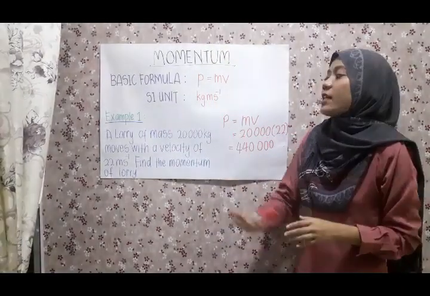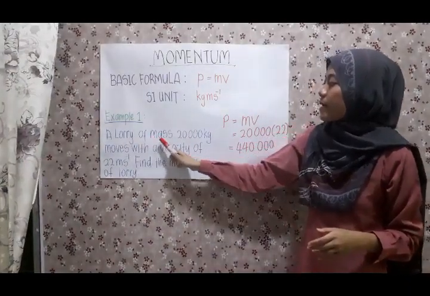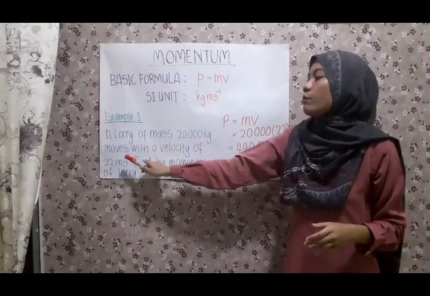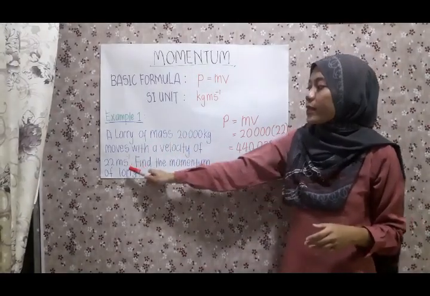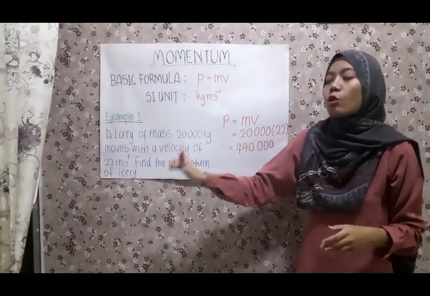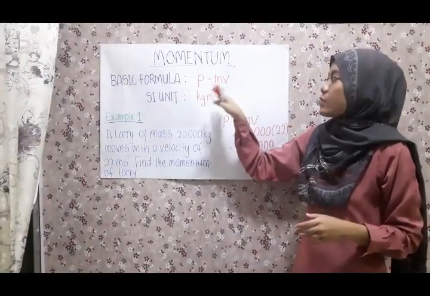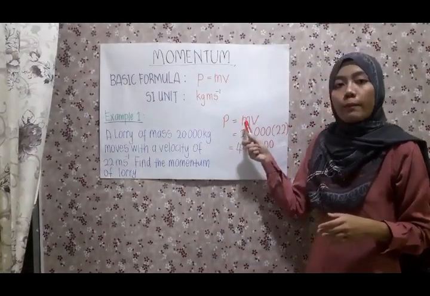Let's take a look at the first example. A lorry with a mass of 20,000 kg moves with a velocity of 22 meters per second. Find the momentum of the lorry. We can find it by using this formula: momentum equals mass times velocity.